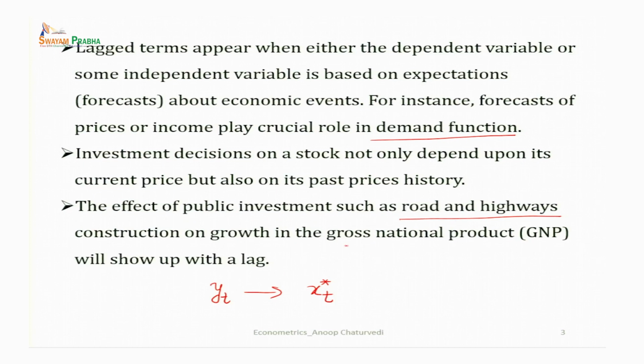Say the current value of GNP may depend upon one period lagged value of investment on infrastructure with certain weight, then 2 years lag period of investment on infrastructure with some other weight, etc.